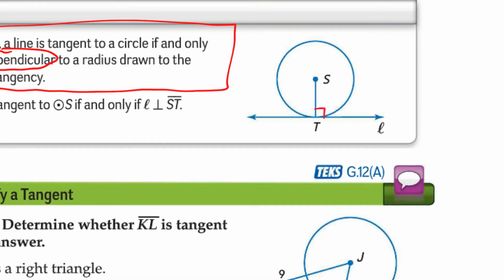Okay, so for it to be tangent, where that radius meets up to that point of tangency, the radius and the tangent have to be 90 degrees to each other. If it's not 90 degrees, then it's not tangent. It may just look like it, but it's not.